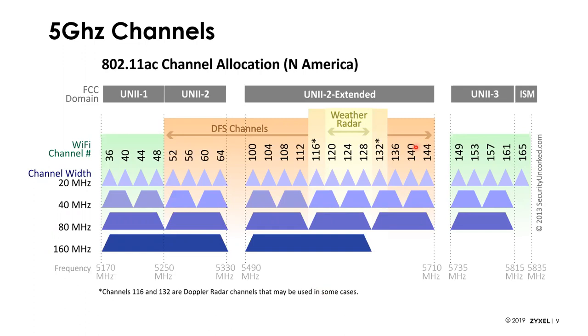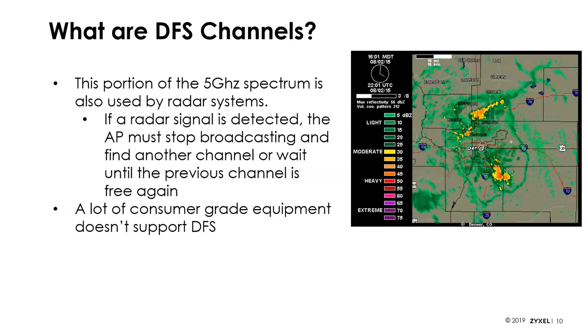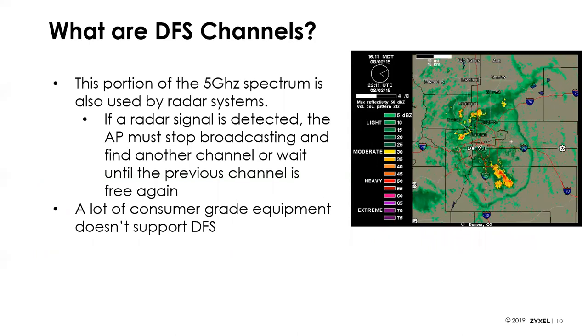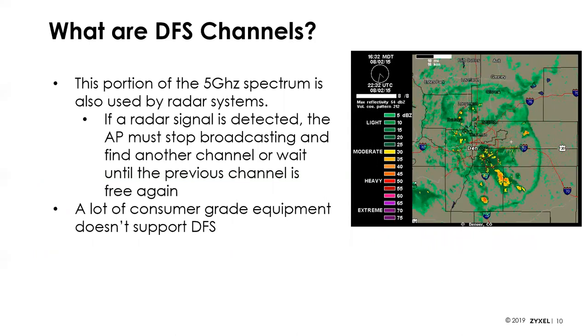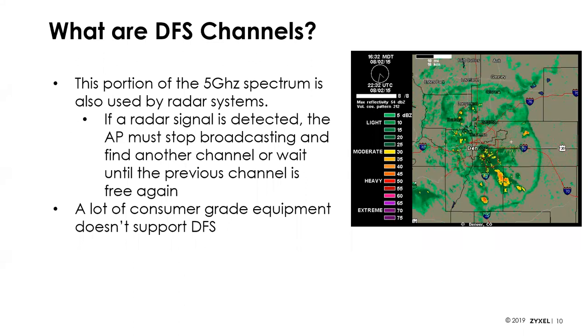These are what are called DFS channels. This part of the spectrum was originally used by other legacy licensed RF usage. So when the FCC decided to open this up for everybody to use, you ran into complaints from the people who were already using this as licensed spectrum, saying, hey, it's going to cause interference. It's going to degrade what we paid for the right to use.